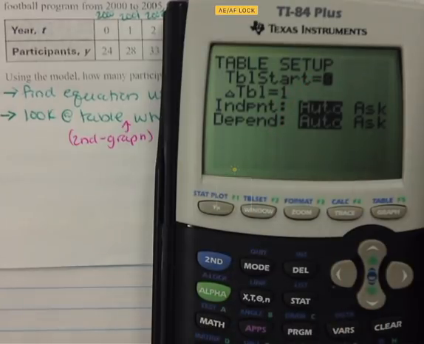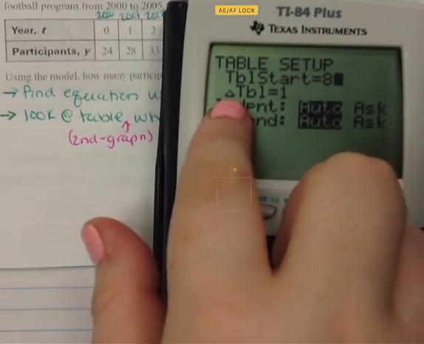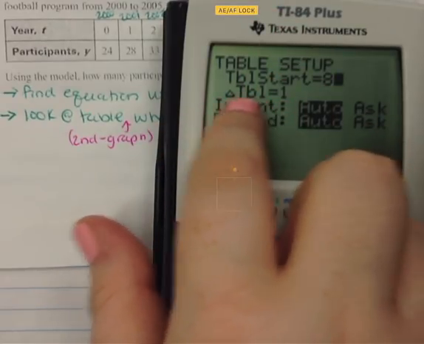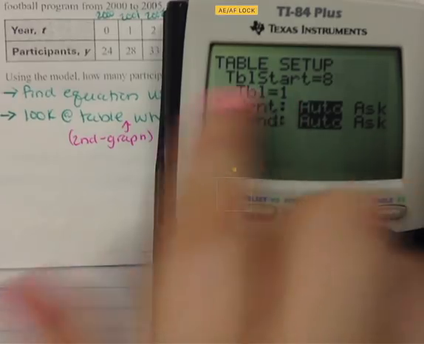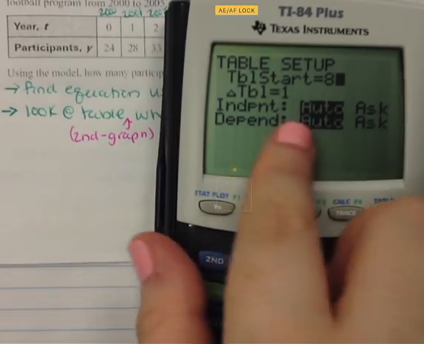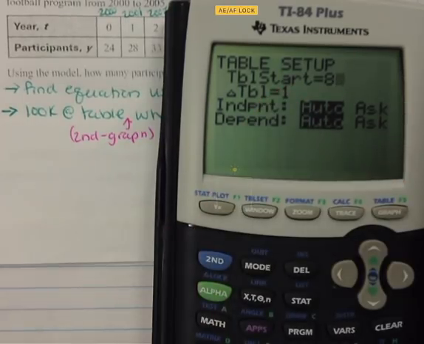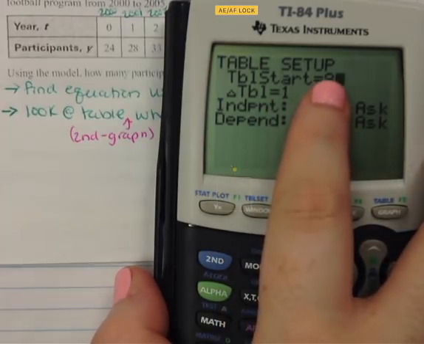If I want to start at 8, I can say I want to start at 8. This delta symbol says delta table. This is the change in your table. What this means is that it's counting by ones. Every x value is going by ones. You can always change that if you have decimals. You can have it going by a half or a quarter. But I'm going to keep it at 1 right now, and I want to start my table at 8.